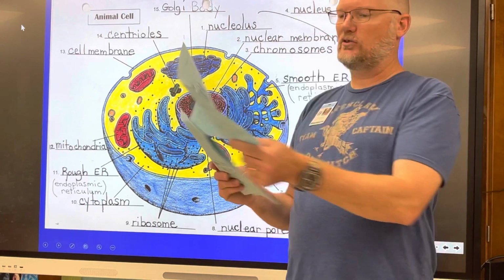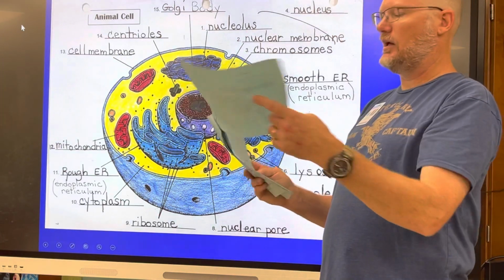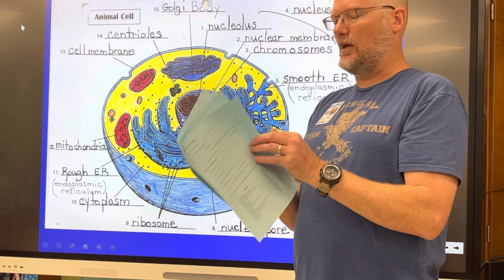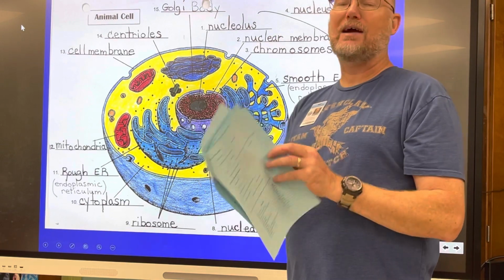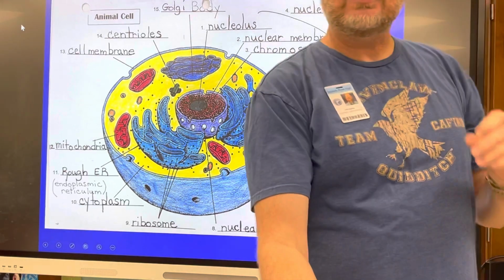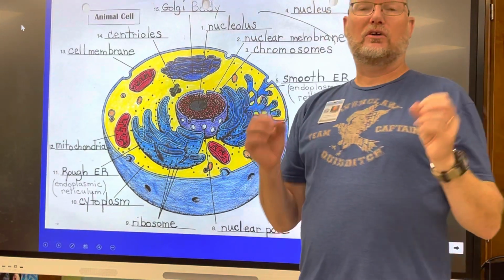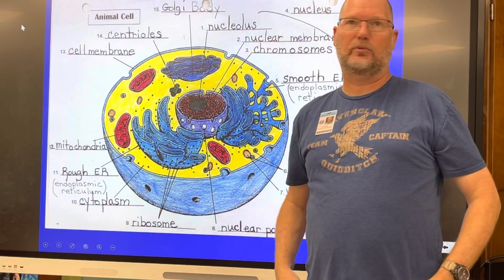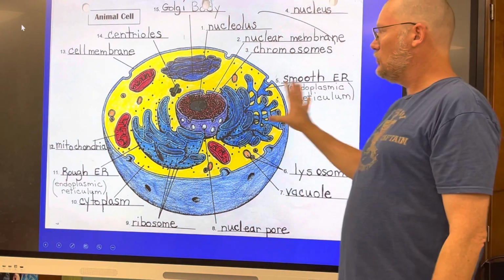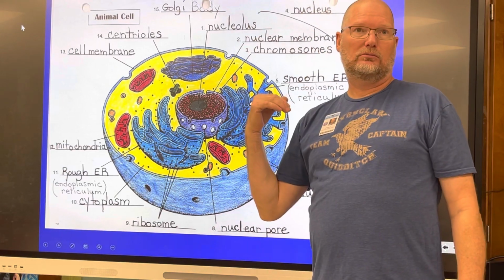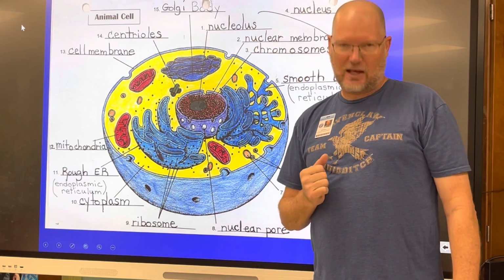And on the next 2 pages, you've got the plant cell and the animal cell, and that's what we're doing for the rest of the period so that you have more practice in being able to recognize the different parts of the cell. Because on your next test for this unit, you may have this picture again, and you may simply have to label the parts and get them right.